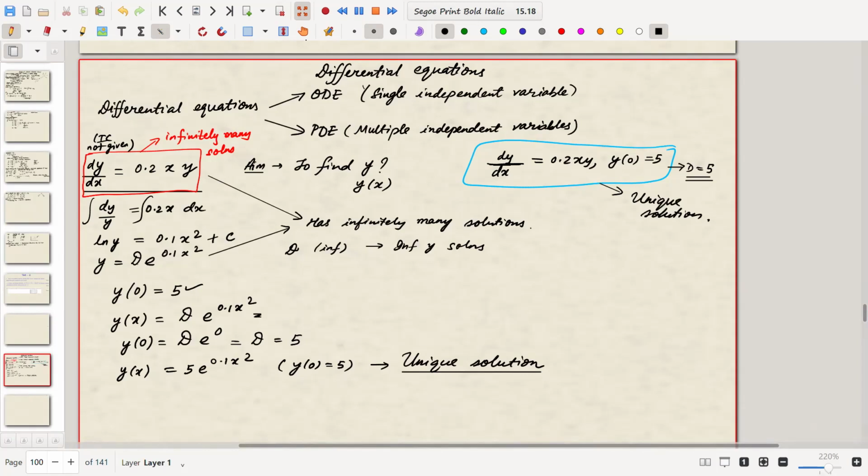An ODE problem in which the initial condition is given to you is referred to as, as Mr. Jubin told, an IVP, initial value problem.